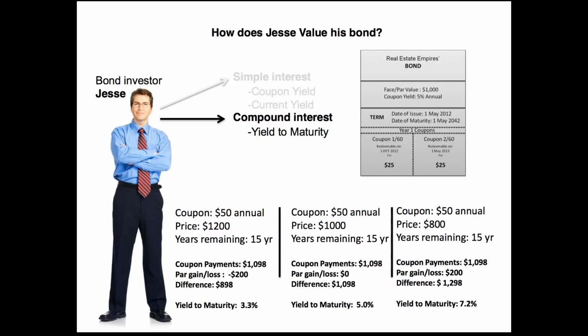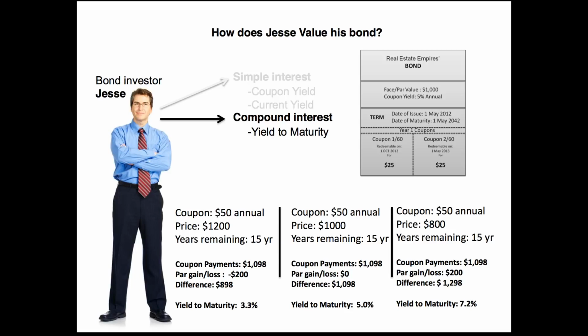So under the compound interest, let's look at the yield to maturity. Now, as we talked earlier, when we were talking about the current yield, we weren't accounting for the difference between what somebody would pay for a bond versus what the bond would be redeemed for whenever it reaches its term, and the face value is paid back to the investor.